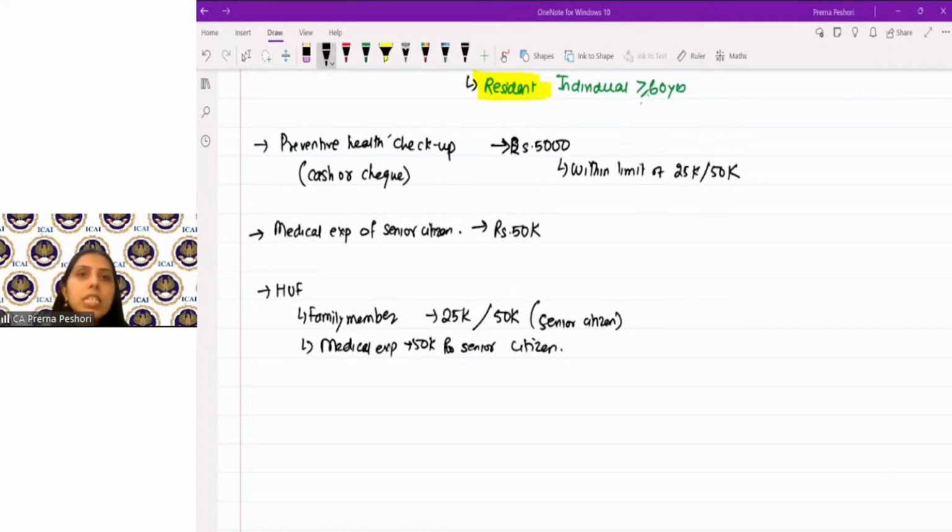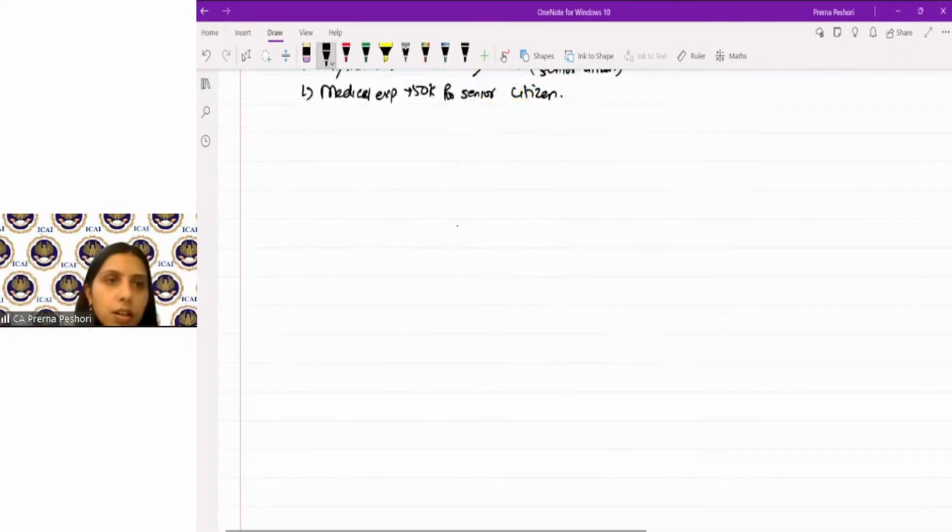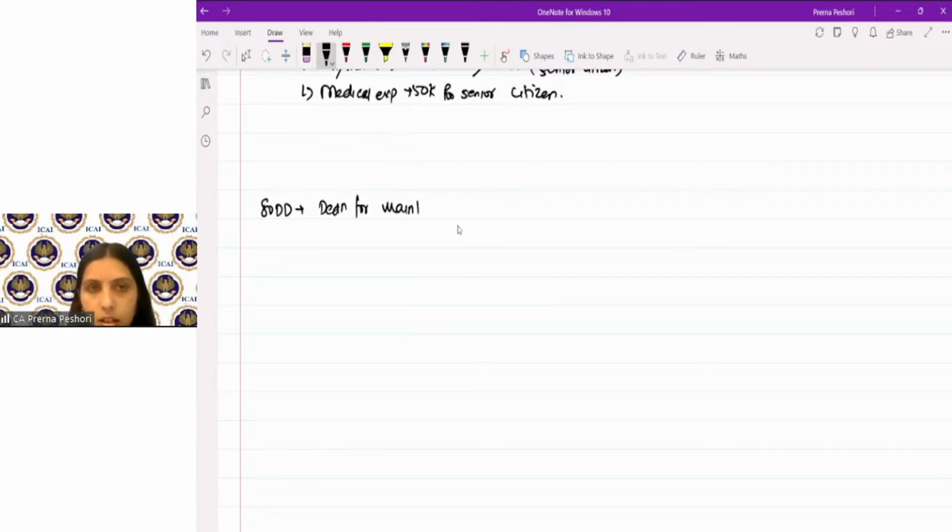Okay. Next is 80DD, which is deduction for the maintenance, including medical treatment, of a dependent disabled person.